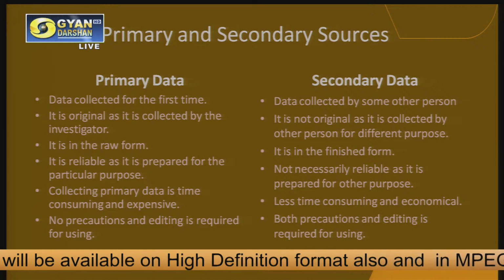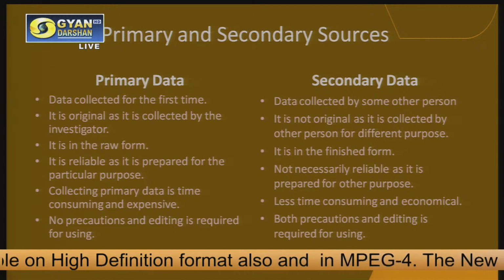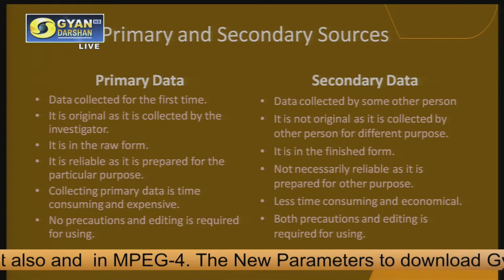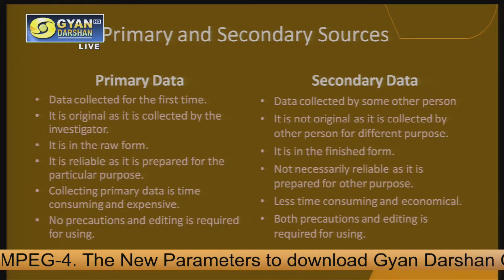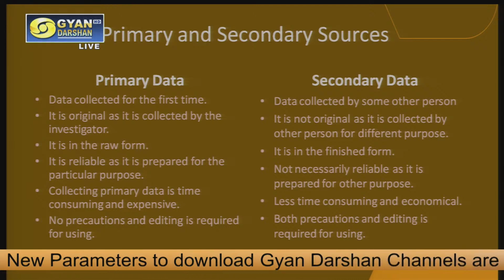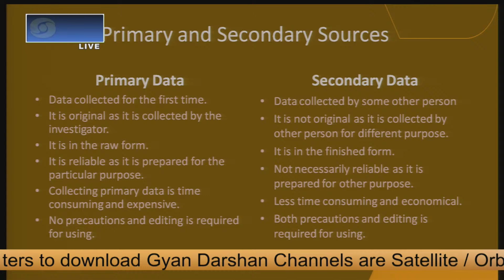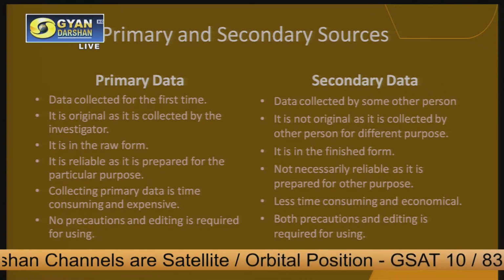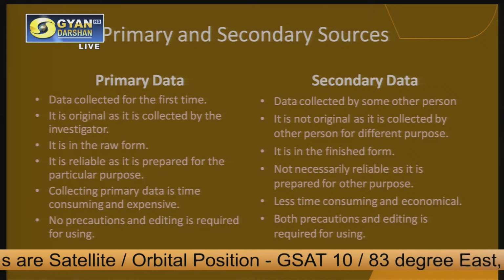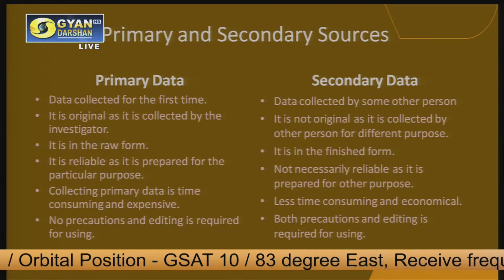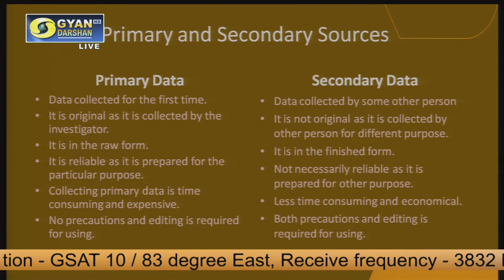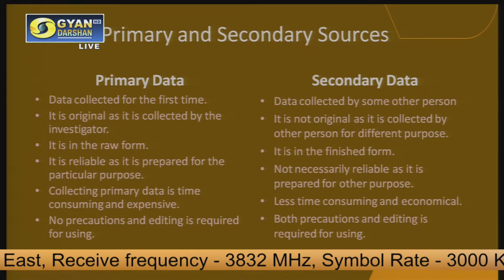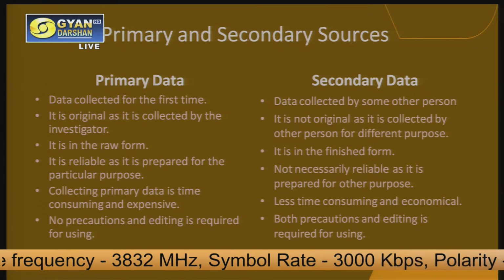Further, by using certain statistics, you have to analyze the raw scores, convert them into group scores, and put certain meaning to them. That's why the data under primary data is in raw form. In secondary data, as it has already been collected by another person and properly analyzed and interpreted, it is available in the finished, meaningful form.